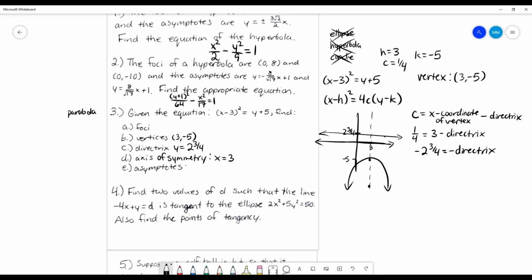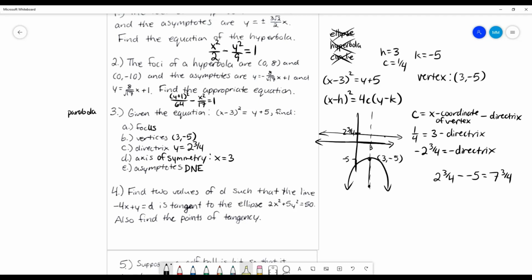There are going to be no asymptotes, so all we have left to find is the focus. In this case, it's not plural, it's just a singular focus. How far away is (3, -5) from the directrix? I could just subtract: 2 3/4 minus negative 5. That distance is going to be 7 3/4.